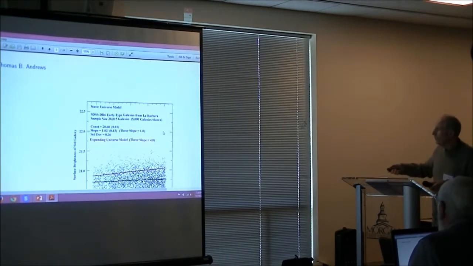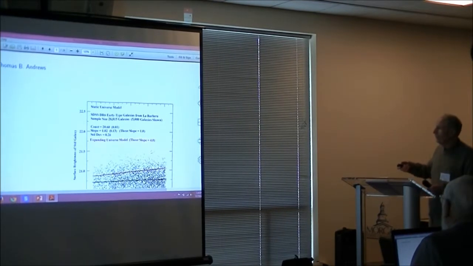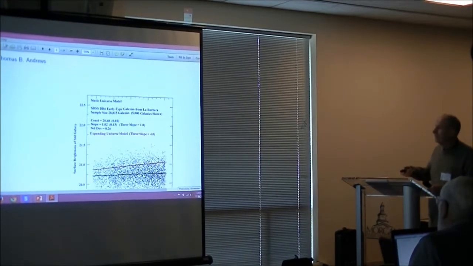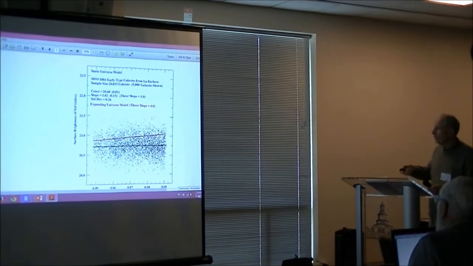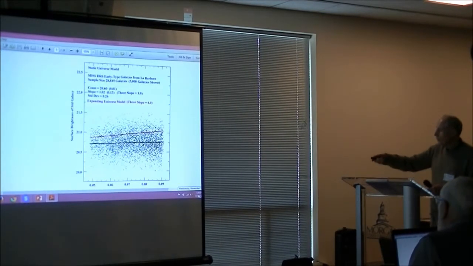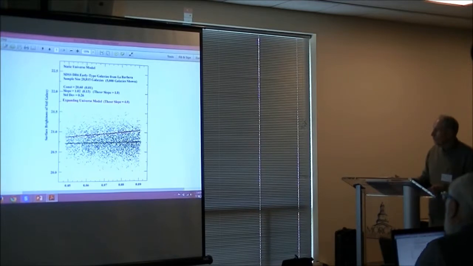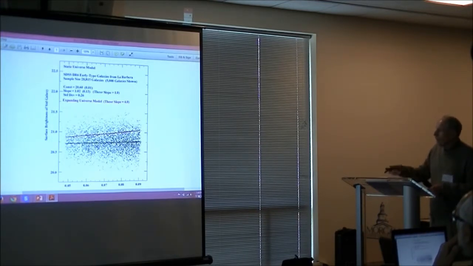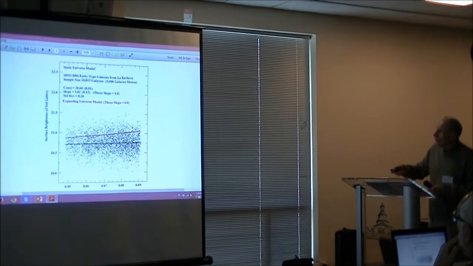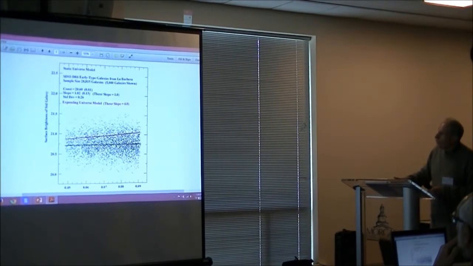Oh, I see, you can see it a little better. Okay. The abscissa is the log of 1 plus z, and the ordinate is the surface brightness of standard galaxies.